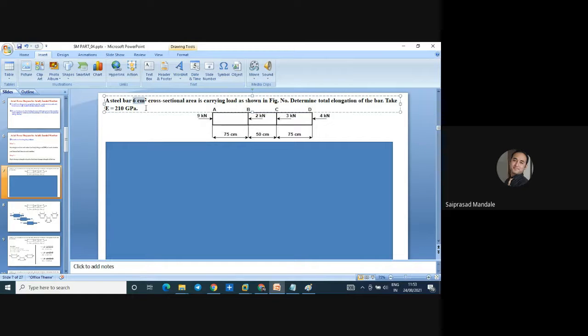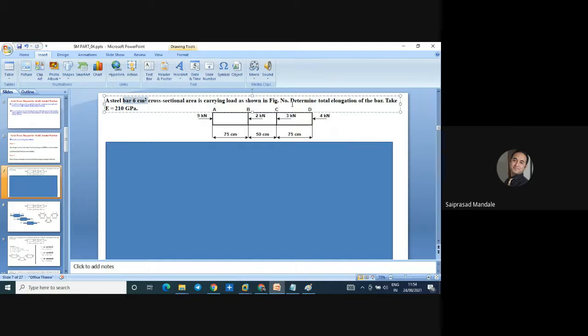Cross-sectional area. That area is given to us. Very good. It's carrying a load as shown in the figure. So this is the body which is subjected to loading, having the cross-sectional area of 6 centimeters square.